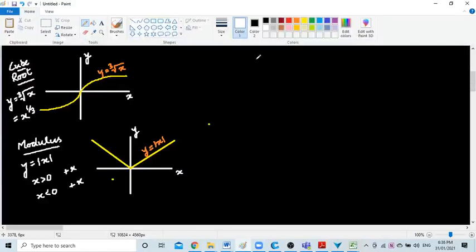Then the next one is y equals ln x. We can say the logarithmic function.